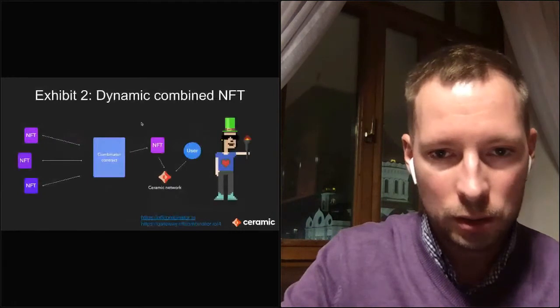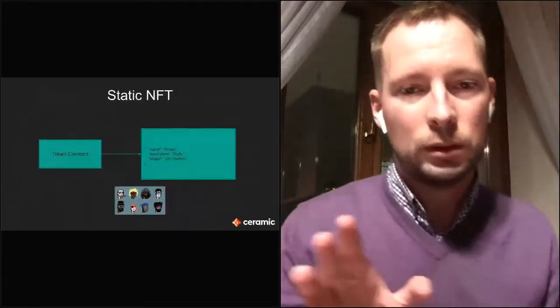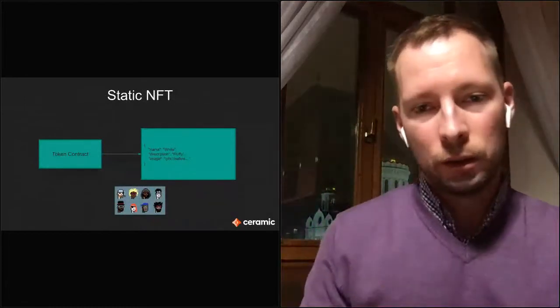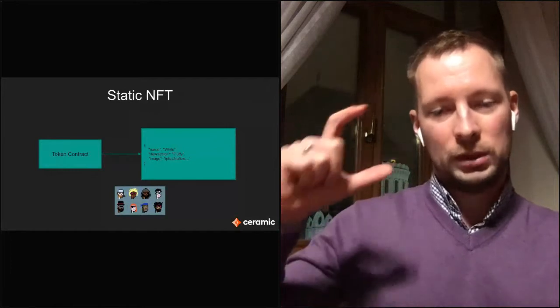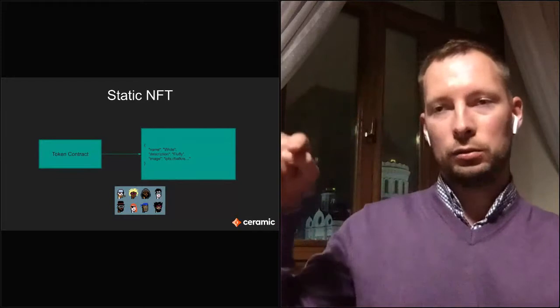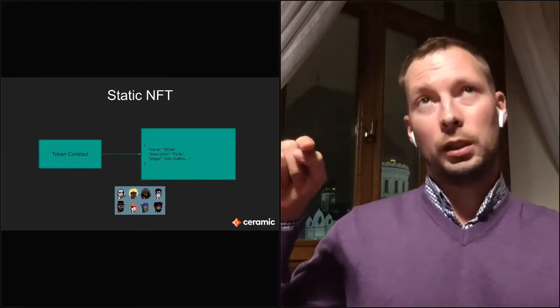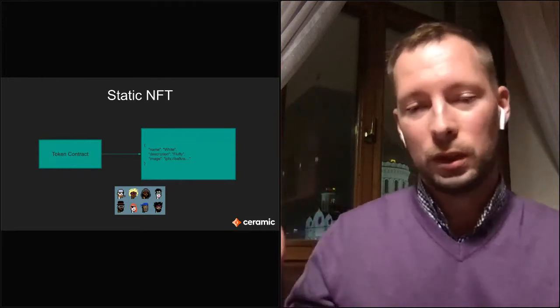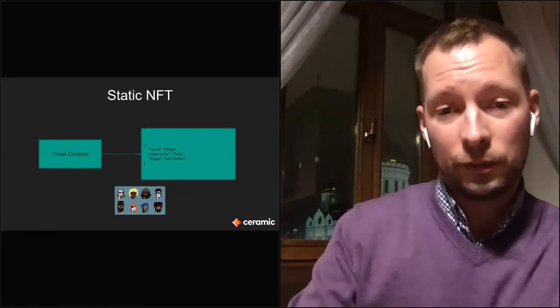Let me go to the slide with the metadata that we use. Here is a usual, say, ERC 721 token. It has a very specific structure of a metadata file. The token links to a metadata file, preferably, I guess, on IPFS, or it could be a centralized server. It's up to you, but let's say it's IPFS.